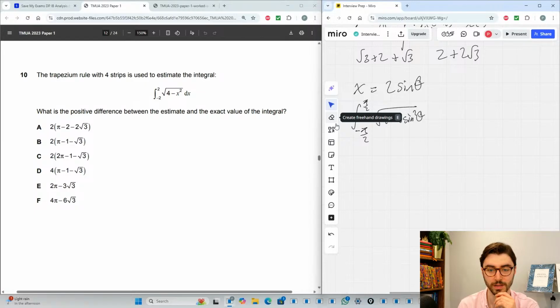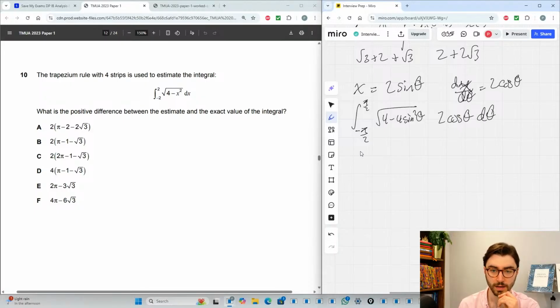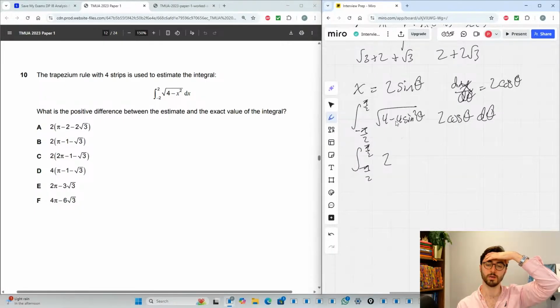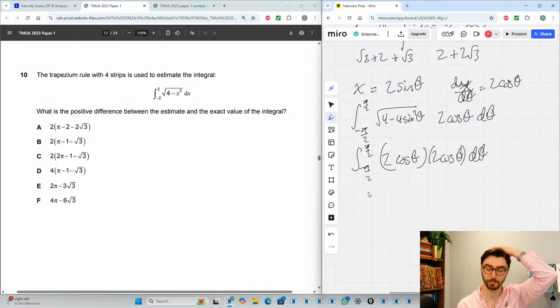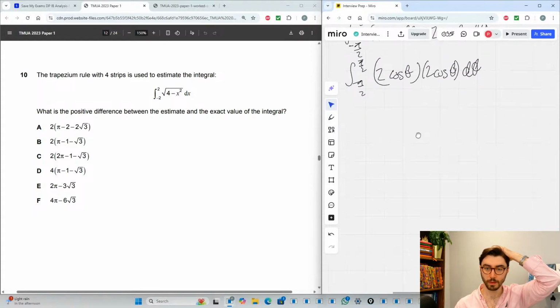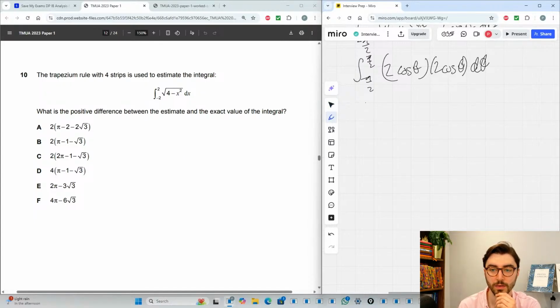I feel like this is not the technique to use, but it is a technique. dx d theta is 2 cos theta. So dx is equal to 2 cos theta d theta. Now, that is 2 root of 1 minus sine squared theta, which is cos theta, times 2 cos theta d theta. So it is the integral of 4 cos squared theta.